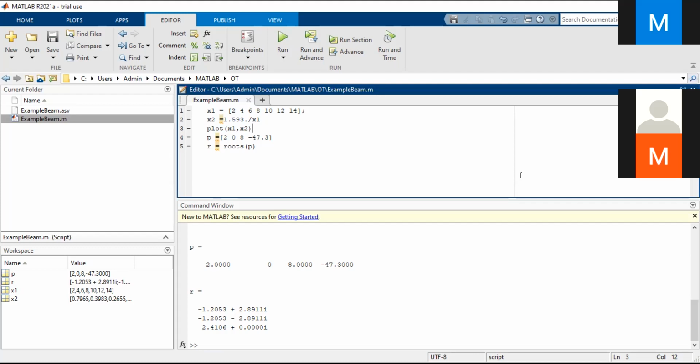When we take x1 is equal to 2, we are getting negative values. We have seven different values, right? We have to take x1 is equal to 2, 4, 6, 8, 10, 12 and 14.